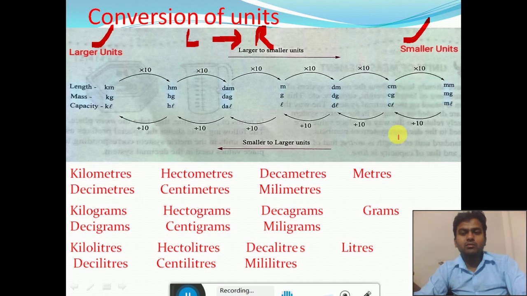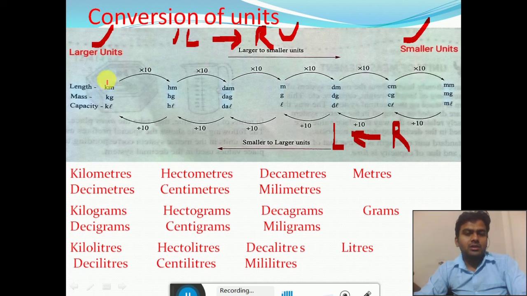When you move from right to left, you get the smaller unit to larger unit. I hope you understood this.